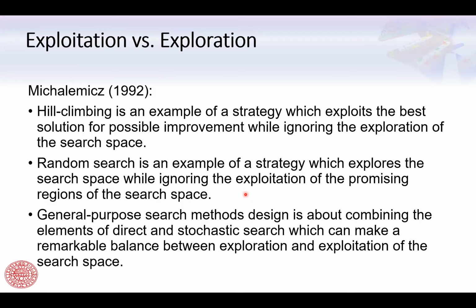So that's why random search is another extreme example, but this time about exploration. So all the general purpose search algorithms strive to combine the best elements, using either direct or stochastic randomized search, in order to make a balance between exploration and exploitation.